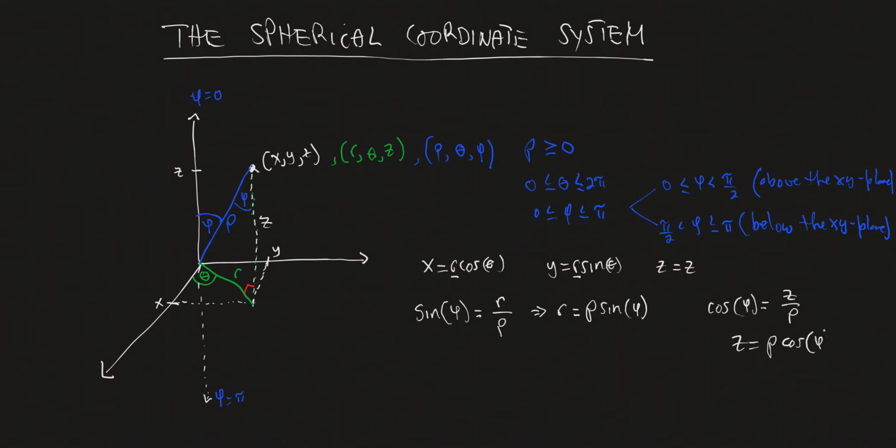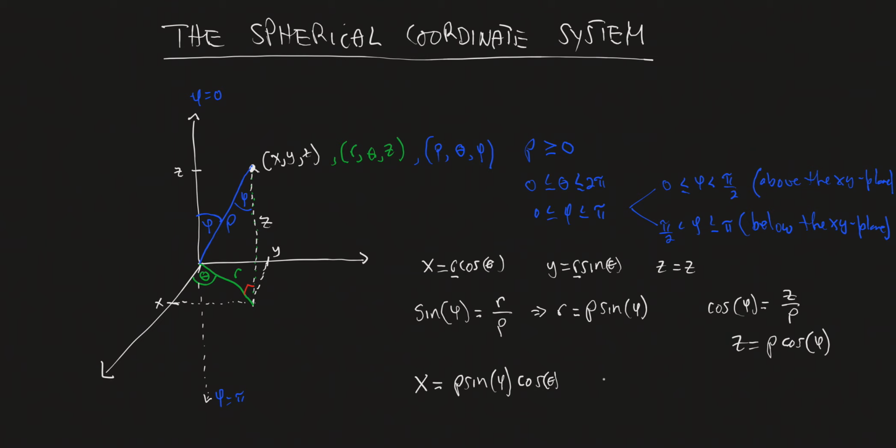All right. So now let's put this all together, and here are the equations that give us the relationship between x, y, z, and rho, theta, phi. So the x equation is r, which is rho sine of phi, times the cosine of theta.